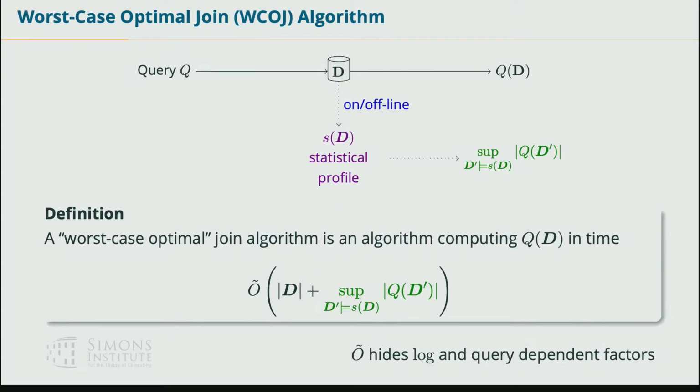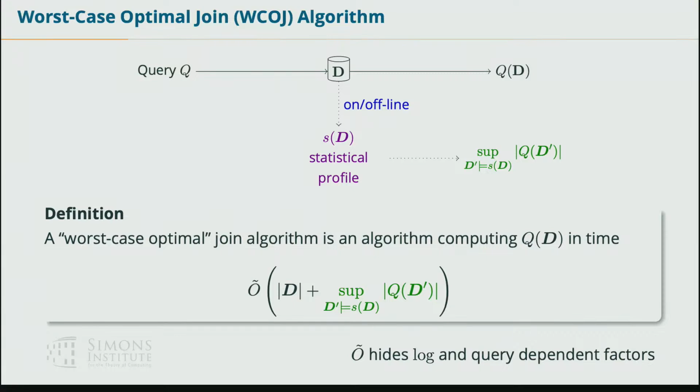Now, there's one notion of optimality, which we will come back to in the second tutorial, which is worst-case optimality. And worst-case optimality basically says the following. Suppose that we somehow knew how to answer this question.